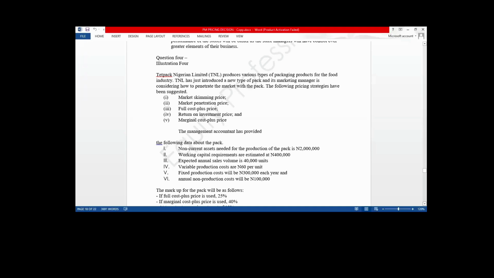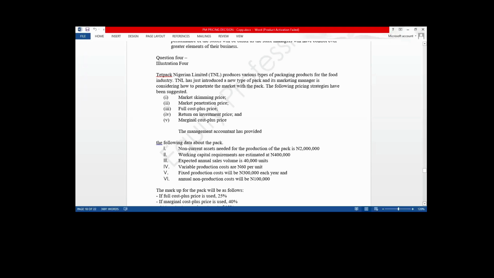Expected annual sales volume, 40,000 units. Variable production cost, 60 naira per unit. Fixed production cost will be 300,000 naira each year. Annual non-production cost will be 100,000 naira.